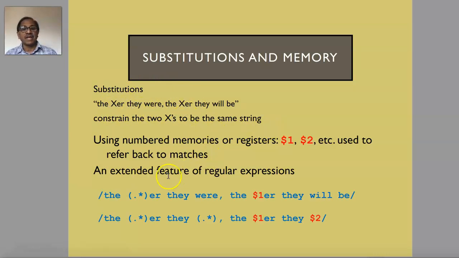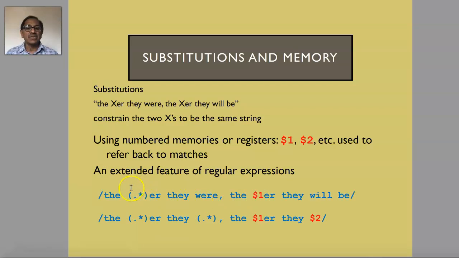So an extended feature of regular expression is this: the dot star er, they were, the $1 er, they will be. That means if you use one string for $1 as something, then that will be substituted here too.